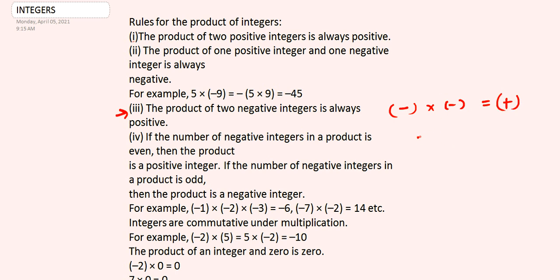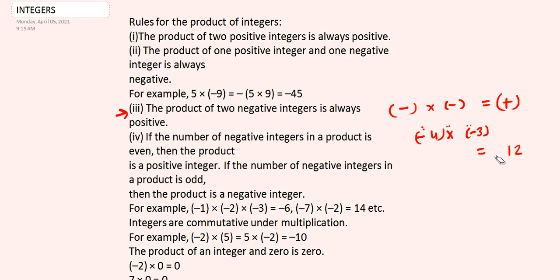For example, if you are having minus 4 into minus 3, so minus into minus, whenever you are multiplying two negative signs, your answer is positive. So minus 4 into minus 3. So this minus into minus is plus, and 4 3s are 12.